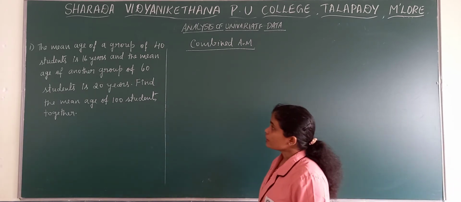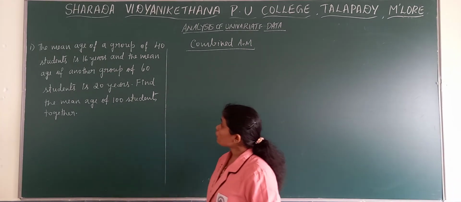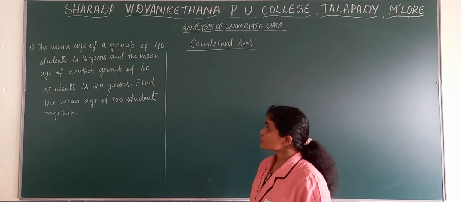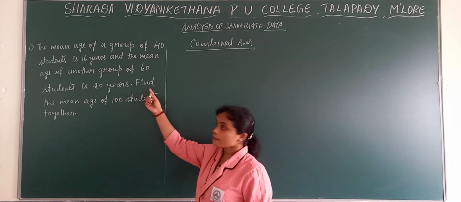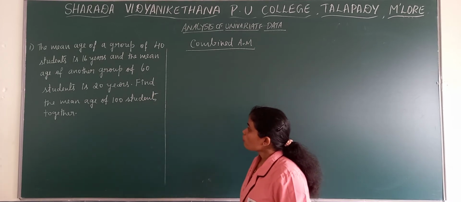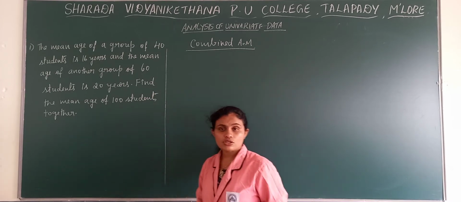Now read the problem. The mean age of a group of 40 students is 16 years and the mean age of another group of 60 students is 20 years. Find the mean age of 100 students together.